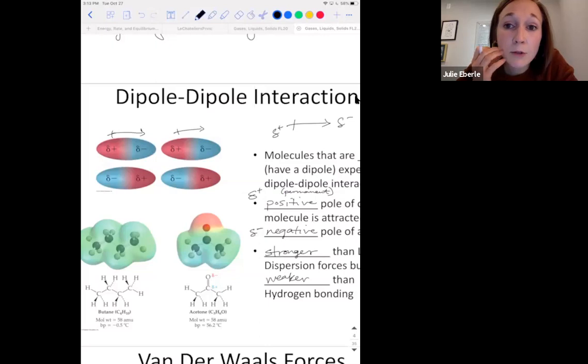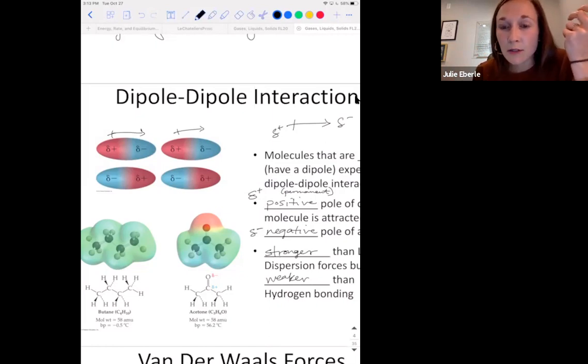What happens when you have polar molecules? They'll align themselves. The positive region of one is going to be close to the negative regions of neighboring molecules, and that's what they're showing with the red and blue here. One dipole-dipole interaction between two molecules may not be a big deal.